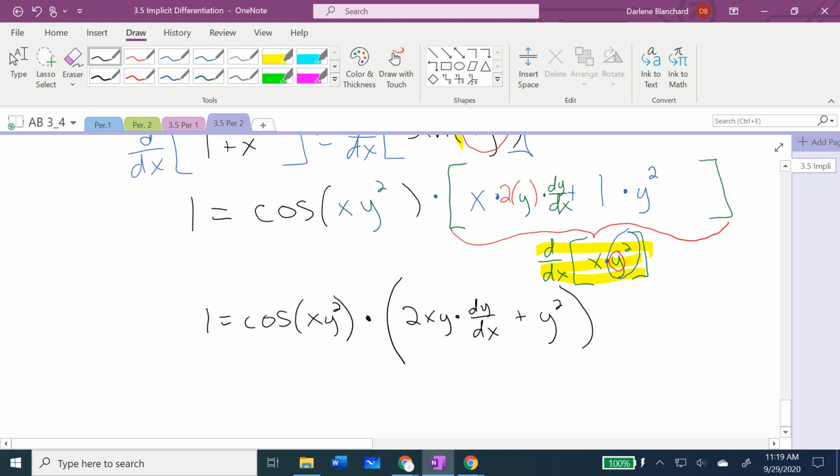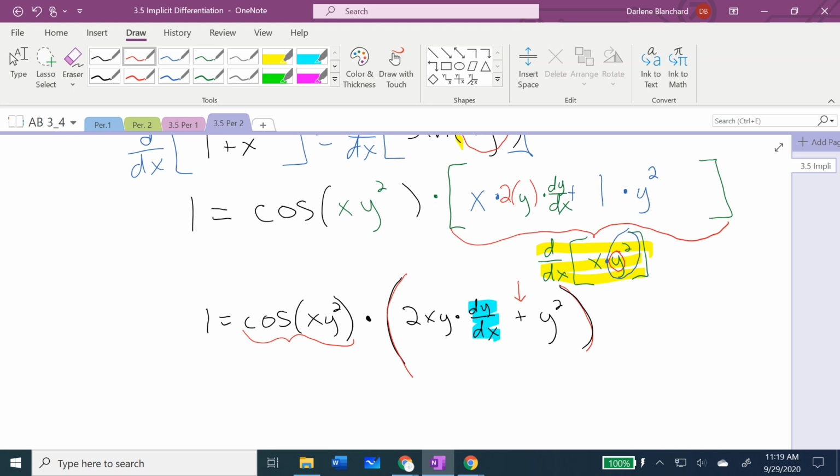The thing you need to very importantly realize is if you look at dy dx and where it is, you should see that you have to first distribute the multiplication of cosine of xy squared over this addition.